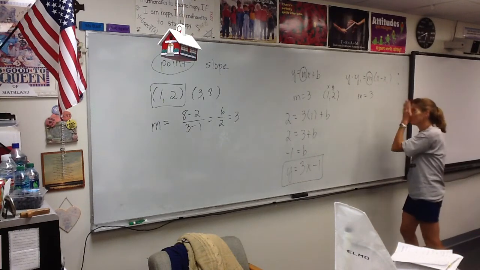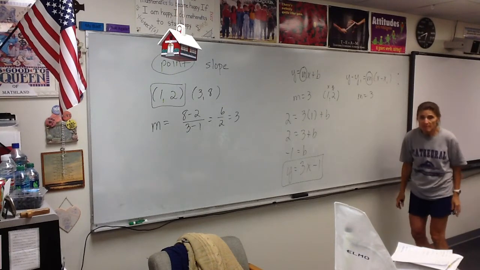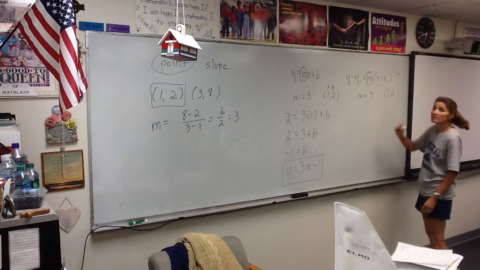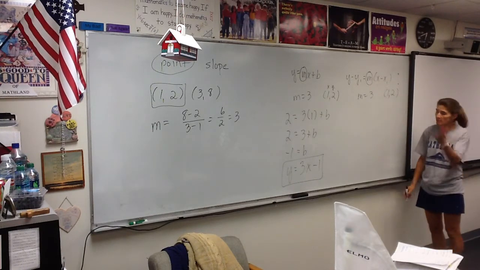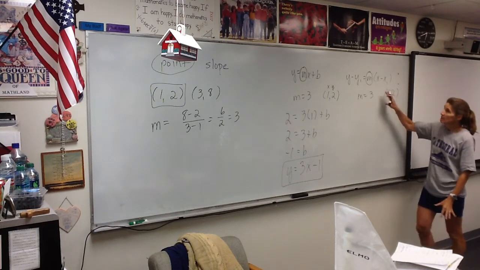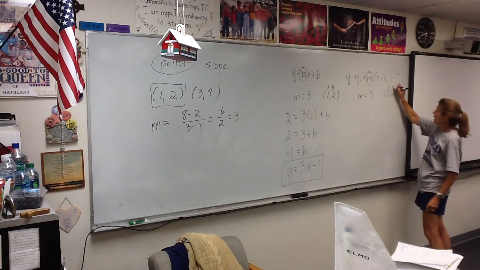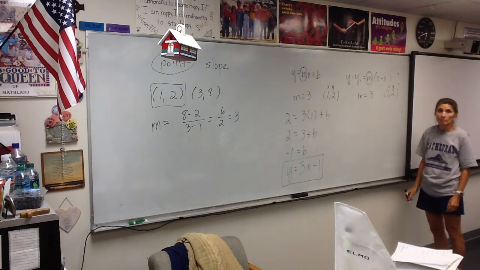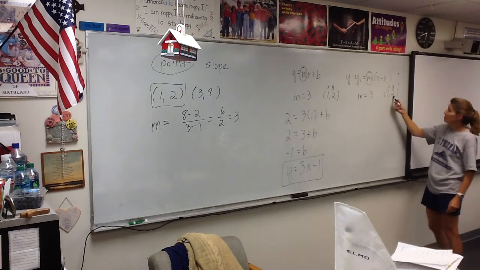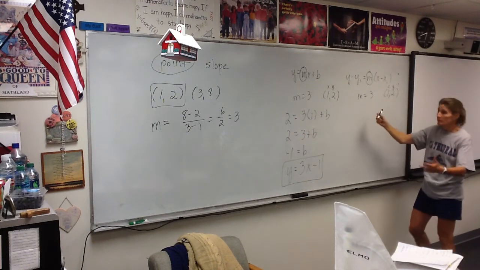Now, what if you decided you were going to do the problem this way? Absolutely need the same information. We need a slope and we need a point. I'm going to go ahead and use the same point. Doesn't matter which one you use, I'm just going to use the same one. If I'm doing point-slope, then this actually is x1, y1. So m is your slope, as always, and the point is x1, y1. Then I just plug.